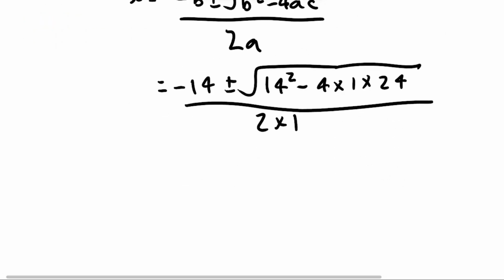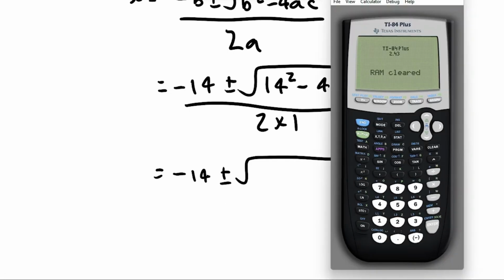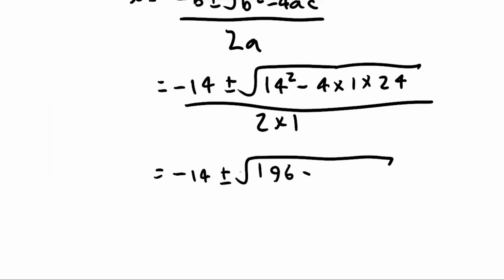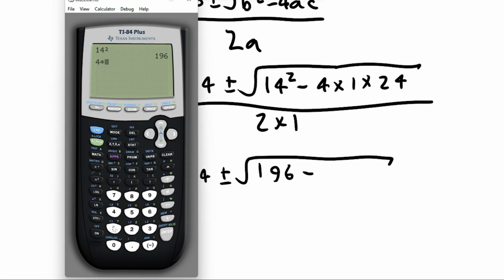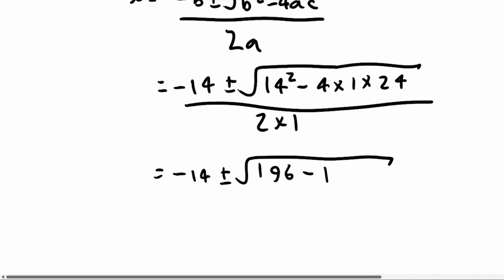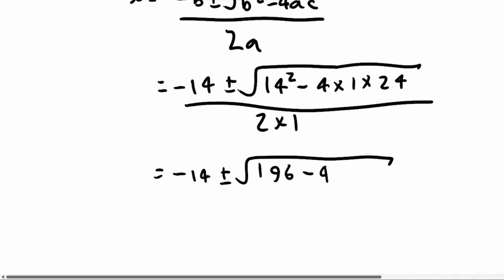Now let's keep going. So we've got minus 14, plus or minus the square root of, if we just work out what this is, in the square root, that's going to be 14 squared, 196, take 4 times 1 times 24, which is 96, all over 2.